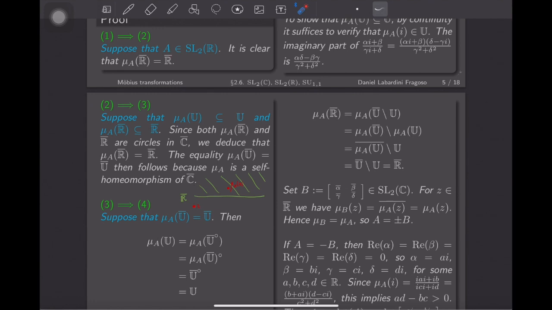But then the inverse would separate this one component into two. So this contradicts continuity. So it really is the same argument as before, and then one really has equality.